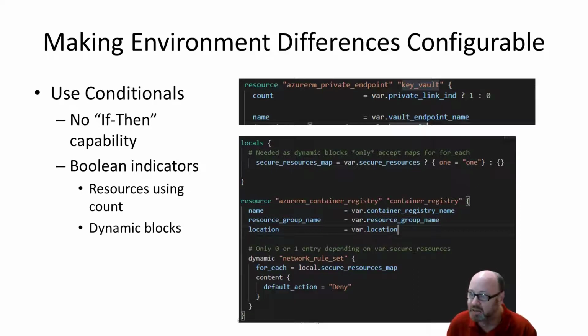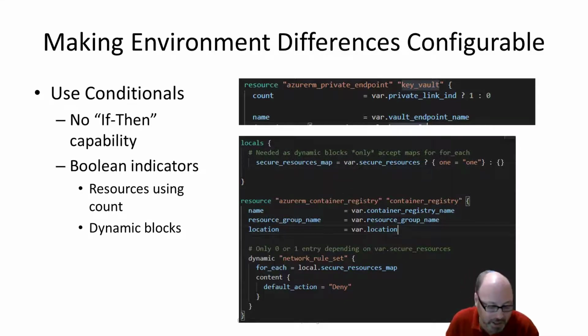I've got a client with some very manual procedures for DNS entries and other things that basically make it so that certain manual things have to happen after an asset is created before we can implement network rule sets in this case. So the Boolean secure resources basically indicates whether or not the dynamic block executes.